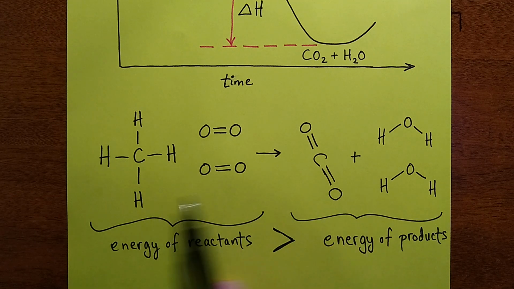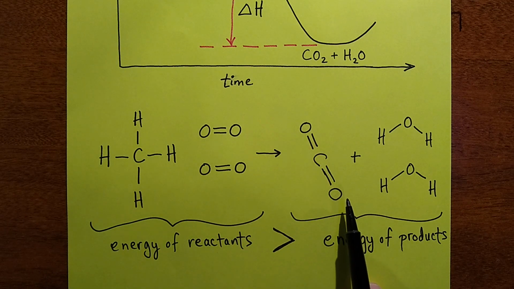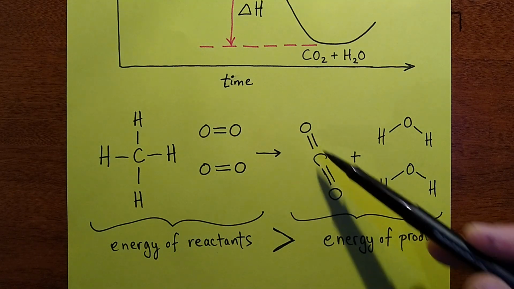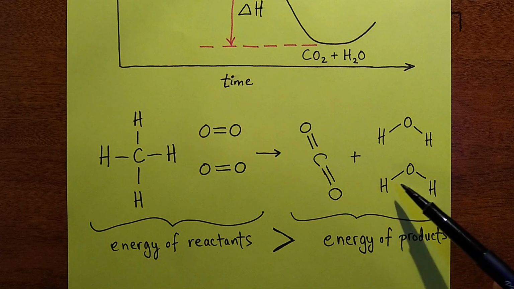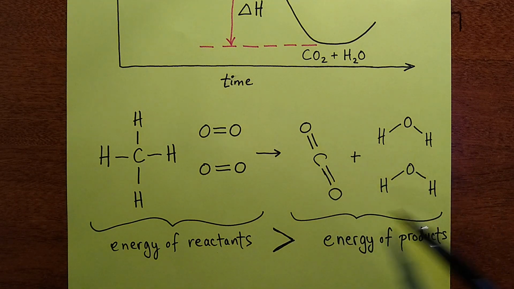So this is actually balanced. It takes 2 oxygens to react with 1 methane to give you 1 CO2 molecule and 2 water molecules. So the energy of these 2 carbon-oxygen double bonds and 4 hydrogen-oxygen single bonds is lower than the energy here.